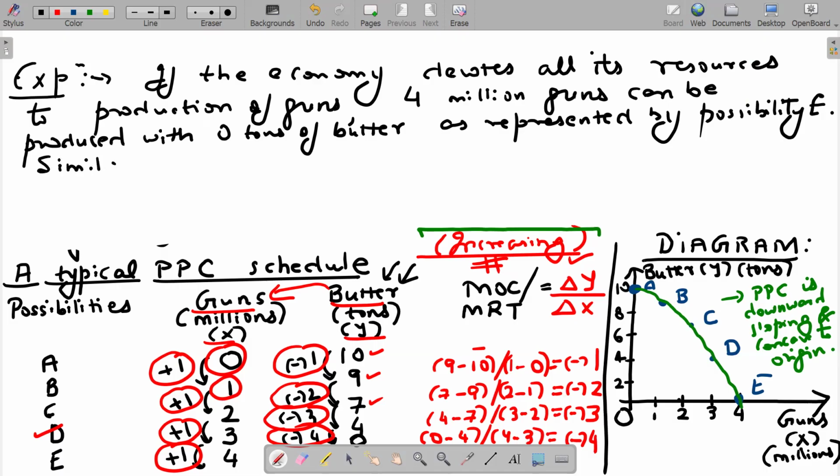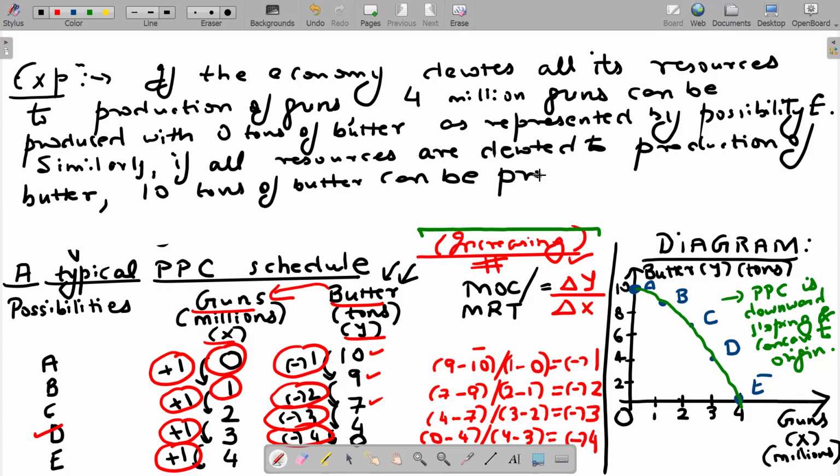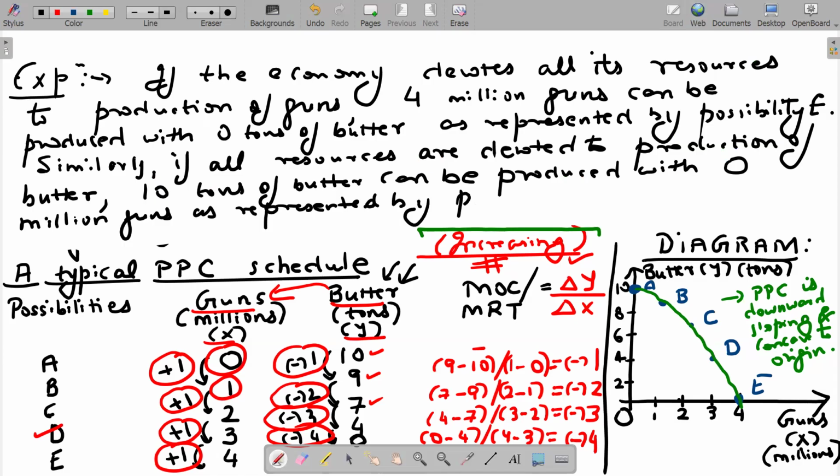Similarly, if all the resources are devoted to production of butter, 10 tons of butter can be produced with 0 million guns, as represented by possibility A. Therefore, A and E represent extreme possibilities.